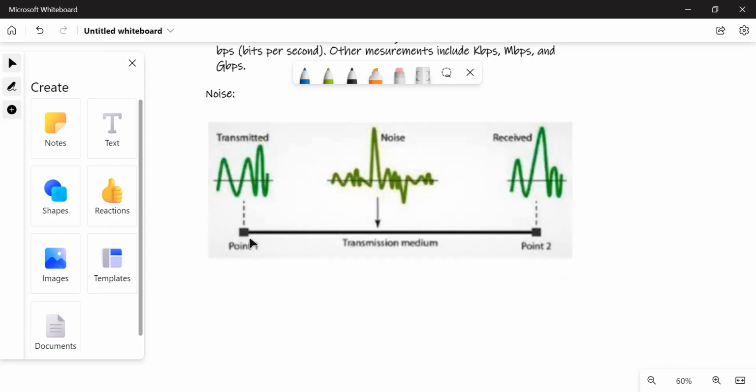But when we are trying to send this signal from this point to the other point, some other signal mixes with what we are sending, and what we are receiving is a signal with noise. So this is what we call noise. Let's write it down.